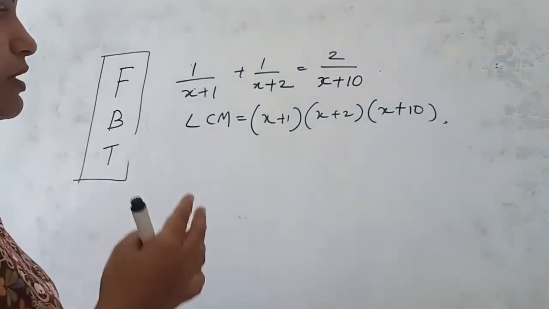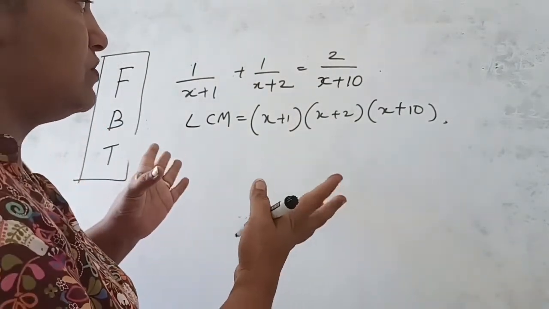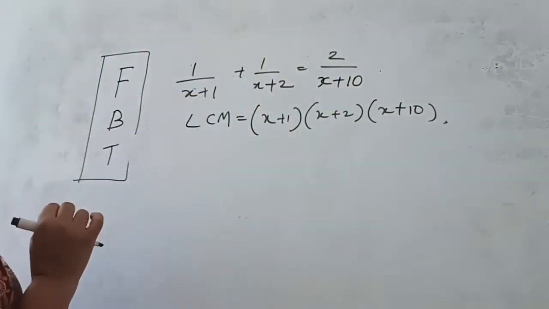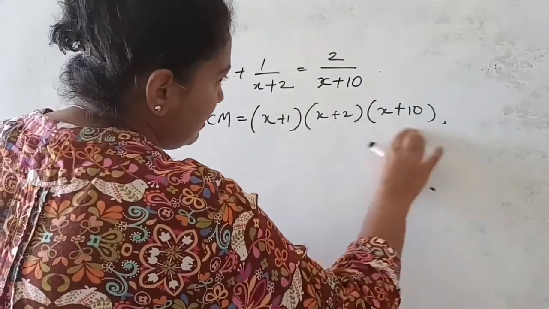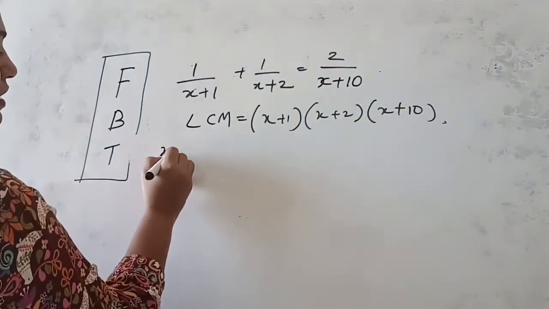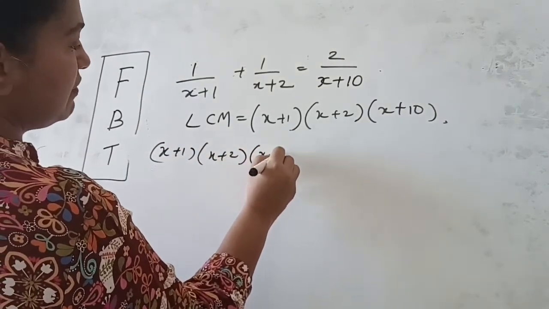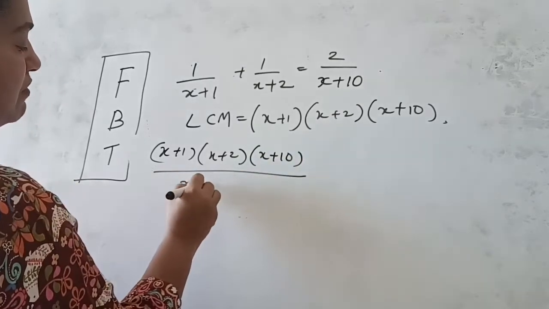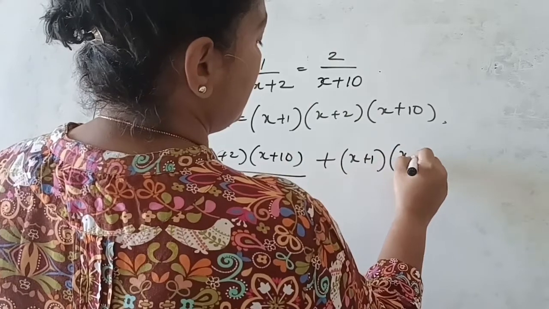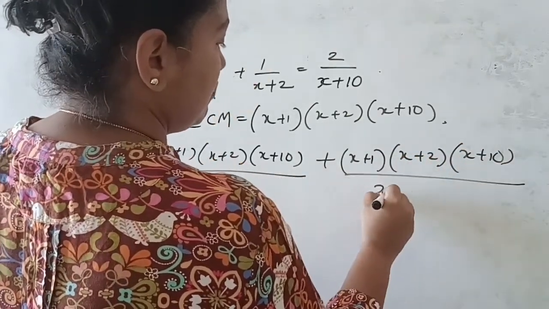It is a long LCM, but then I am not going to open up the brackets and end up with a strange cubical expression. For the time being, I will leave it like this. What is my next step? I have to multiply each term in the LHS and each term in the RHS with my LCM. So I will get x plus 1 into x plus 2 into x plus 10 divided by x plus 1 plus x plus 1 into x plus 2 into x plus 10 by x plus 2.